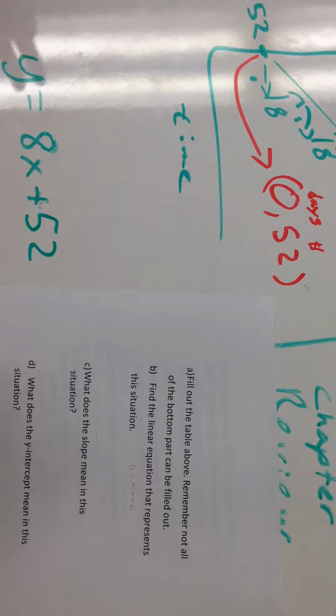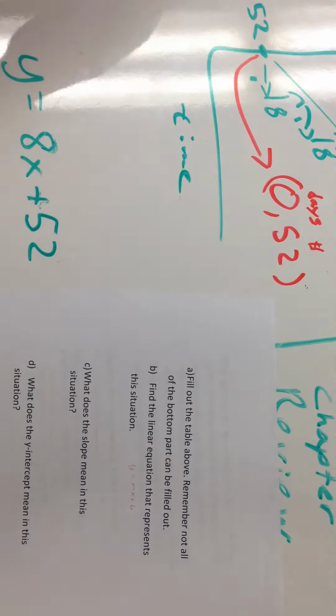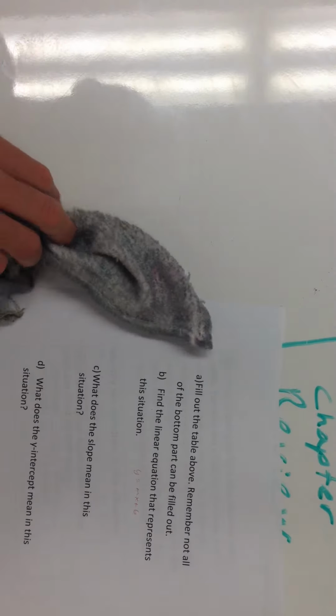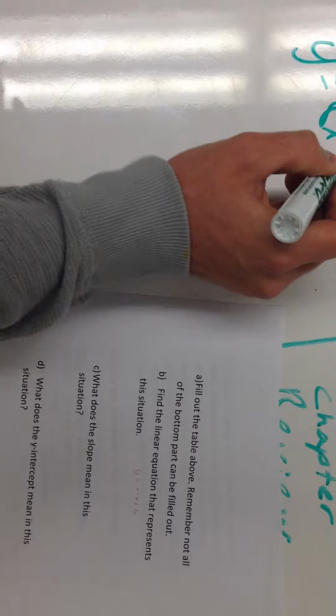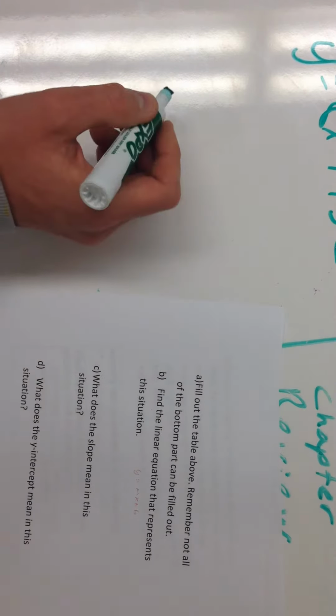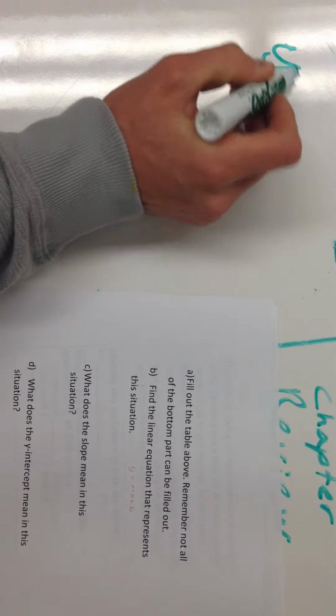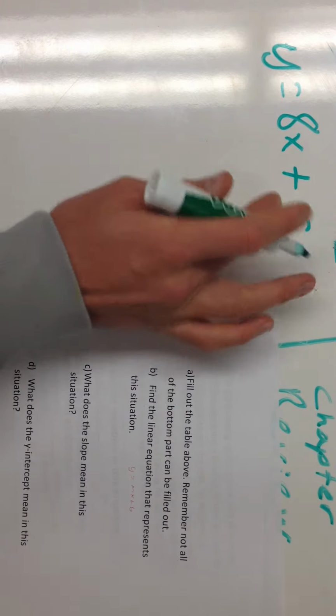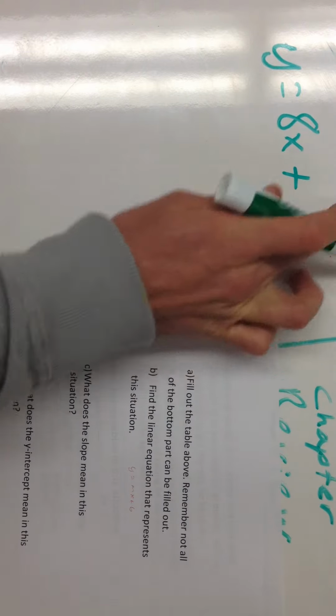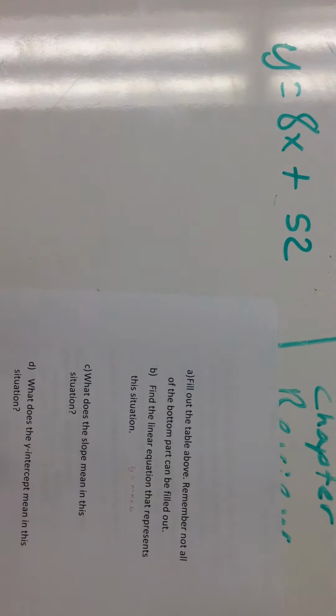The last question is how long until he can buy that bike? For this one, we have to go back to our original equation, which is y equals 8x plus 52. I'm going to write that a little bit lower. And we have to think about what our variables meant.